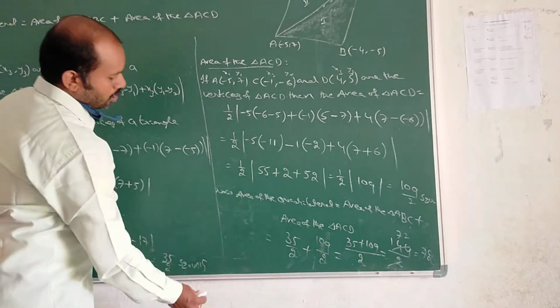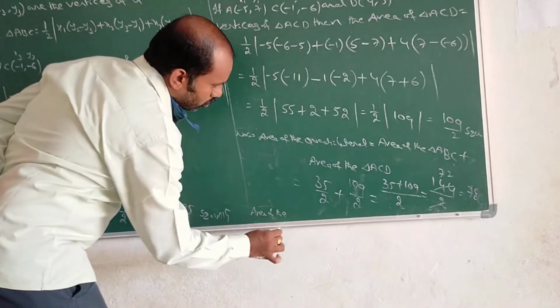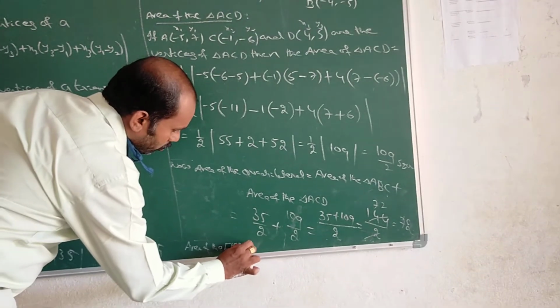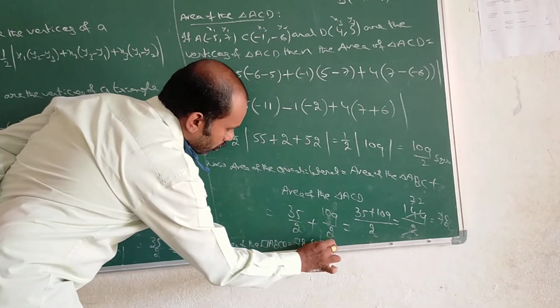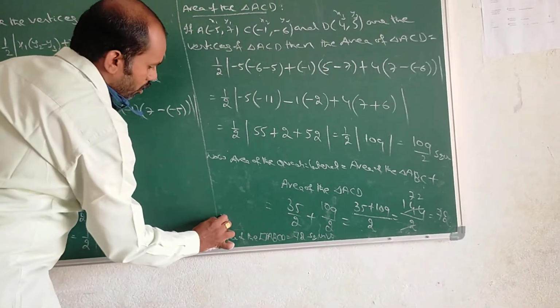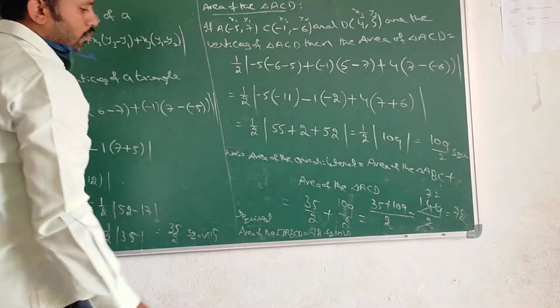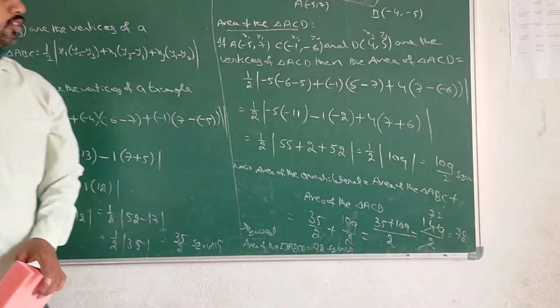Now write the area of the quadrilateral ABCD equal to 72 square units. That is the required area. The required area of the quadrilateral ABCD is equal to 72 square units.